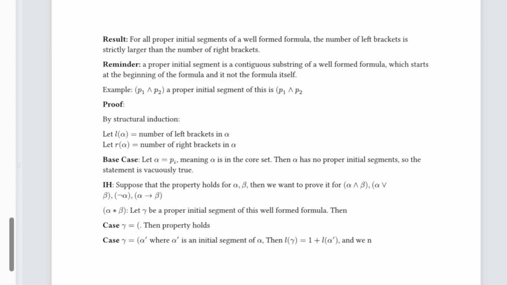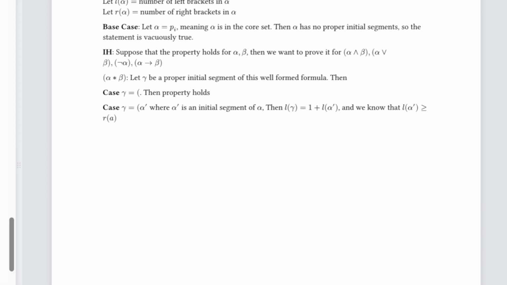And we know that L of alpha prime is greater than or equal to R of alpha prime.